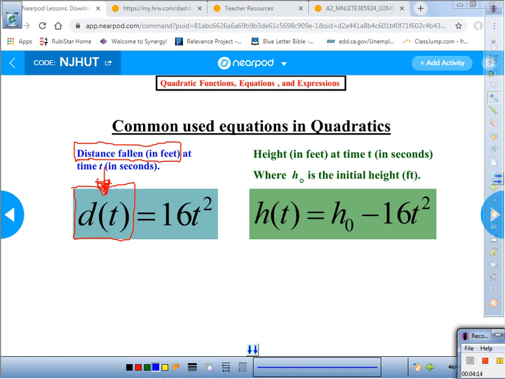All right, how about this one? This one has more to substitute. What does it have? h sub 0. What does that mean? The initial height of whatever they're talking about. They're talking about a building that's a certain height. That's the initial height. If they're talking about a boat of a certain height, that's the initial height. But then they're going to say, well, what about this one, Mr. Q?